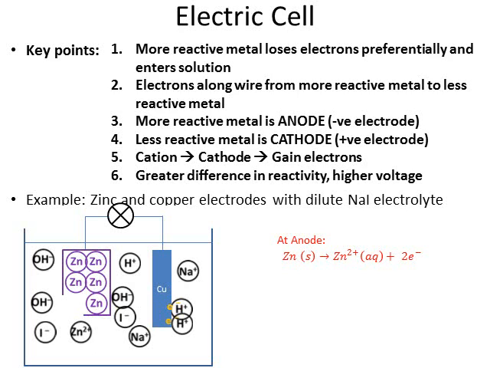Now what happens at the copper electrode? Cations are attracted to the copper electrode to gain electrons, so you have your Na plus and your H plus. Since H is less reactive than Na, H will be preferentially discharged.